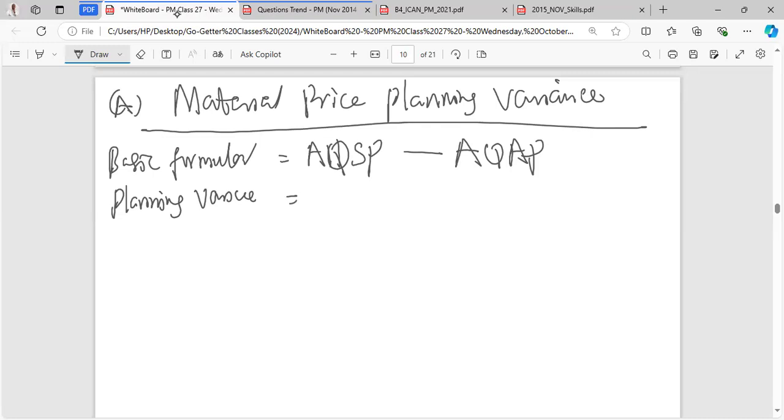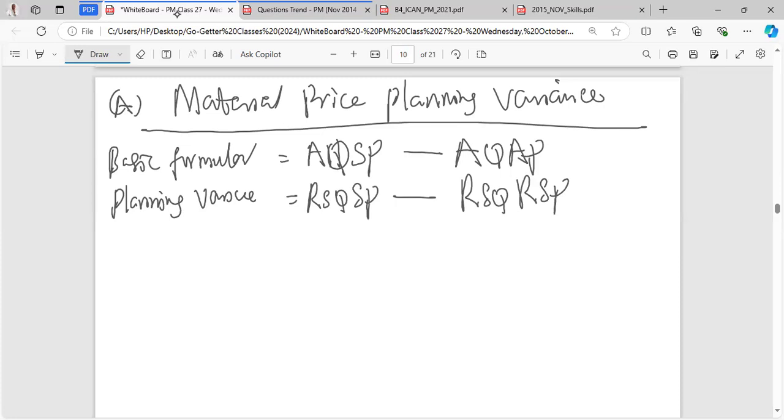Anywhere you see standard, leave it that way. There is no actual in planning variance. So here becomes revised standard quantity, standard price, minus revised standard quantity, revised standard price.